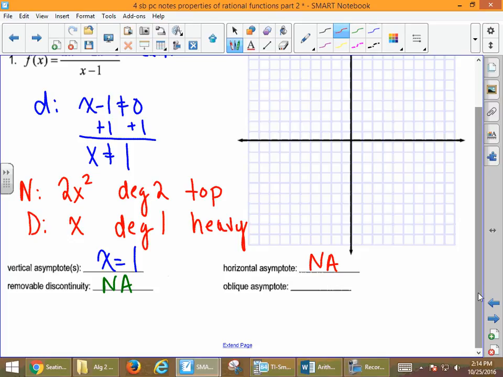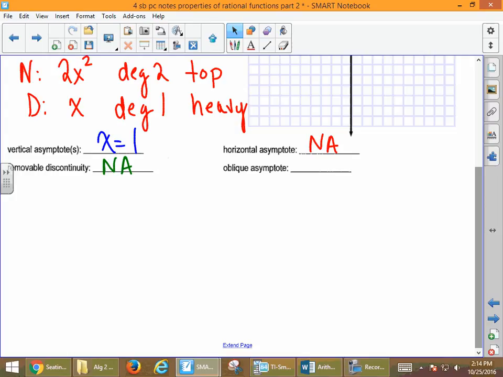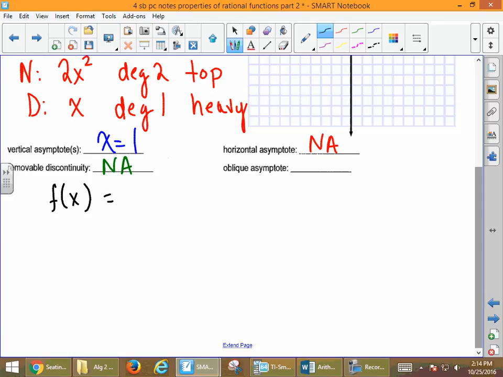And we want to come up with the oblique, and we also do want to draw the graph. So I'm going to write the function down again because I don't have enough space, but hopefully you have enough space. Our function was 2x squared minus 2x minus 1 divided by x minus 1.